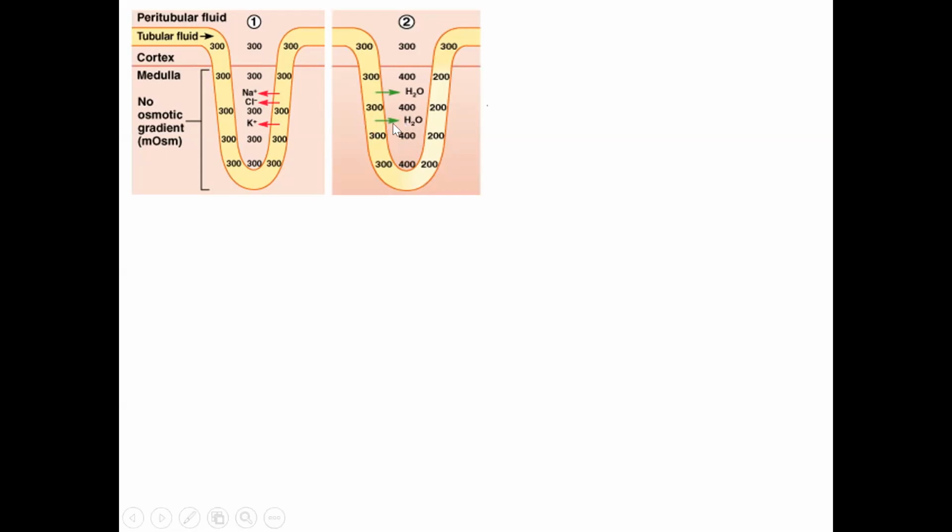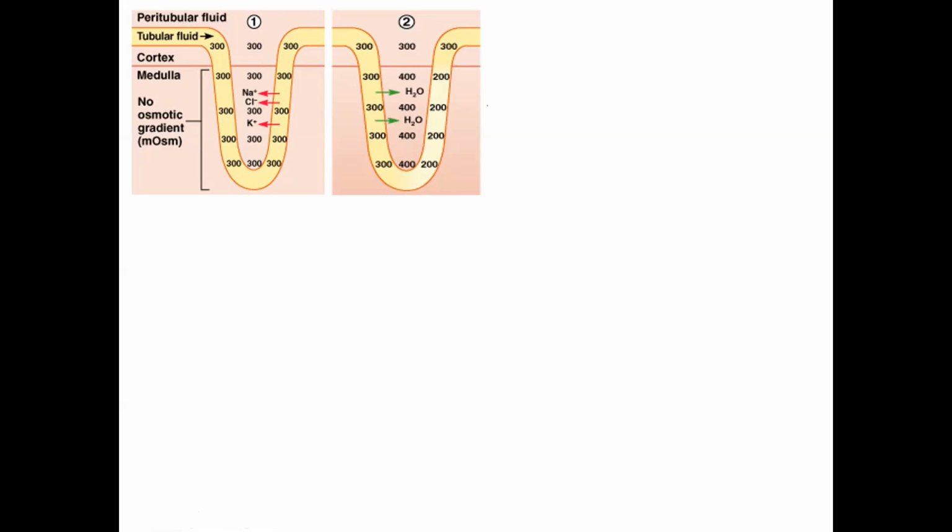That is called osmosis, if you remember that. So this green arrow representing osmosis is the pure water movement.